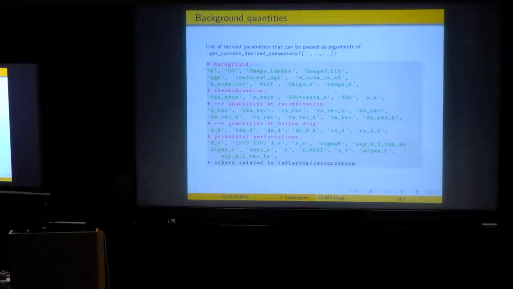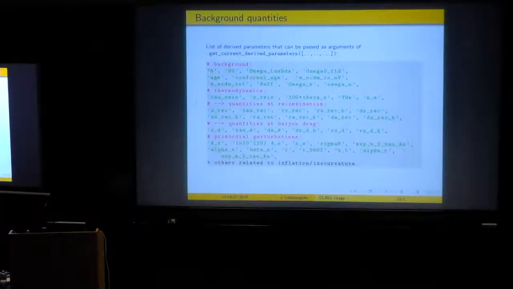So you have, for instance, rs_rec and ds_rec, the sound horizon at recombination, comoving or physical, and you know that they will differ by a factor of the scale factor at recombination, a_rec. The same for the angular diameter distance. You have the comoving one and you have the physical one. And there are many others like this.